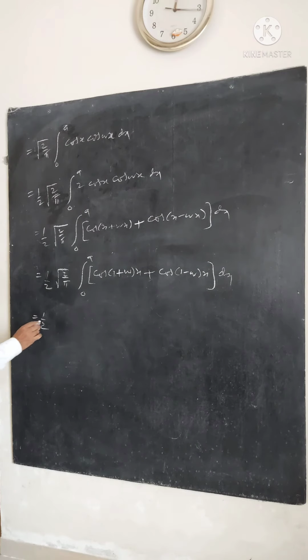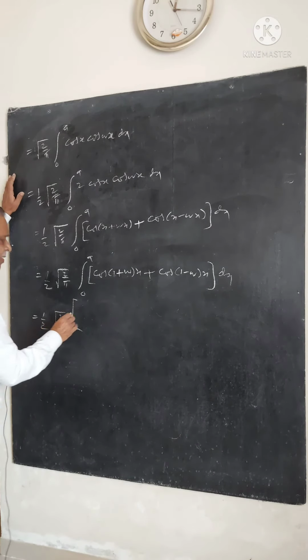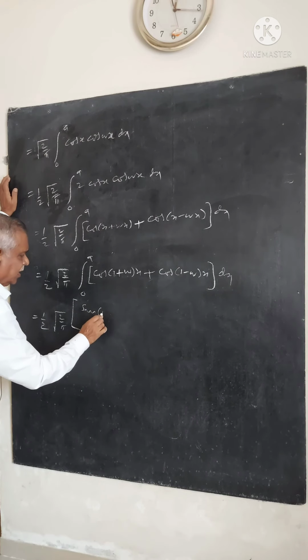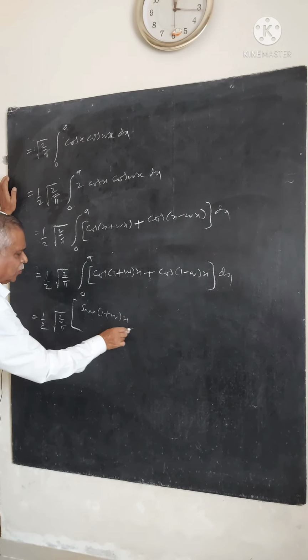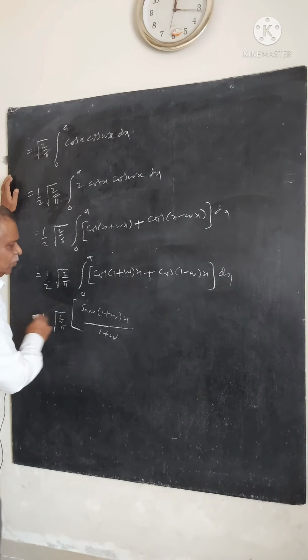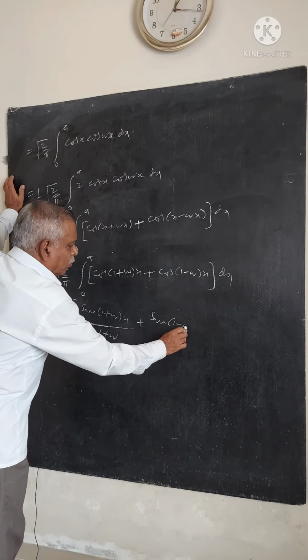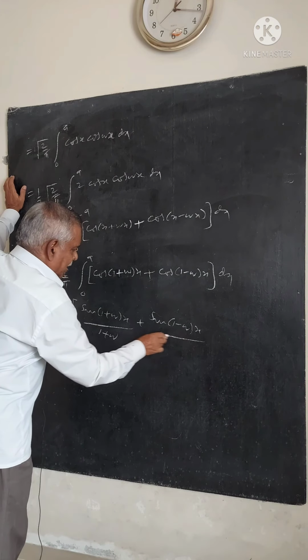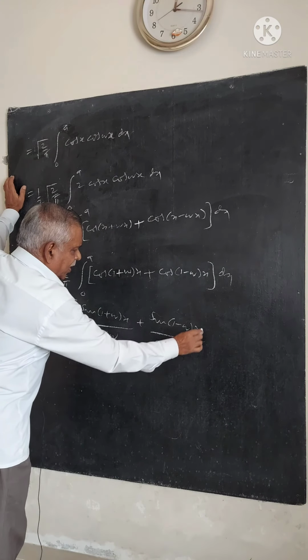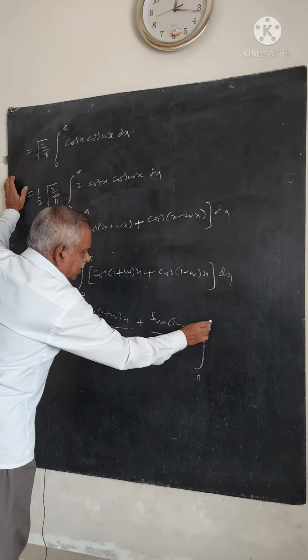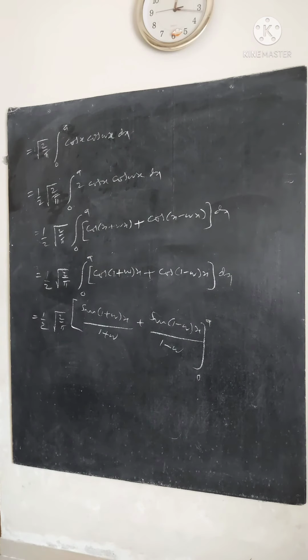Integrating: 1 by 2 root of 2 by pi, sin (1 plus omega) x divided by (1 plus omega) plus sin (1 minus omega) x divided by (1 minus omega), limits 0 to a.